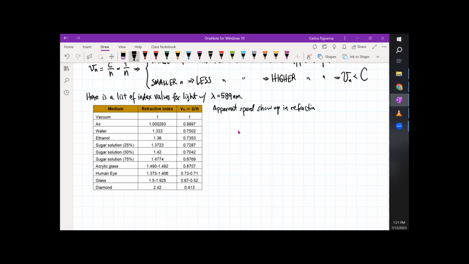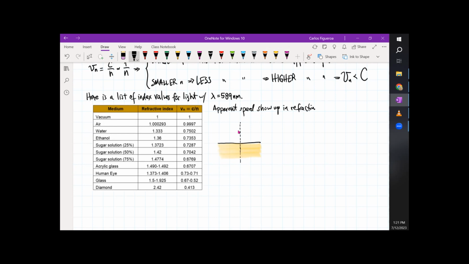Well, here's what we know. I need 2 mediums, okay? And so let's say that I have this medium right here, and that's my normal right there.